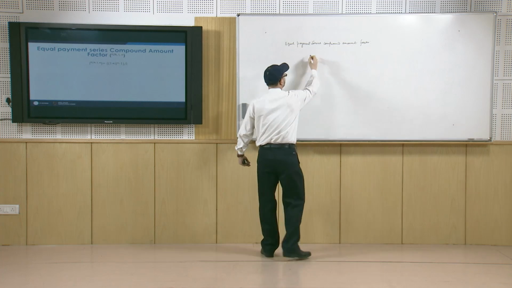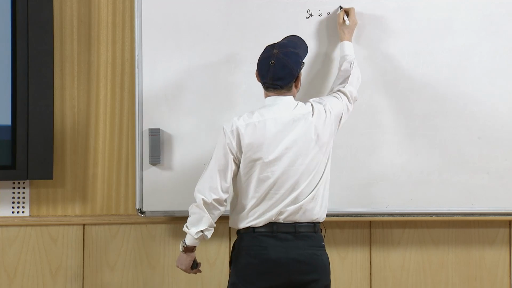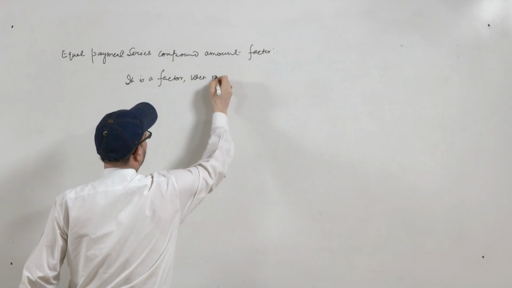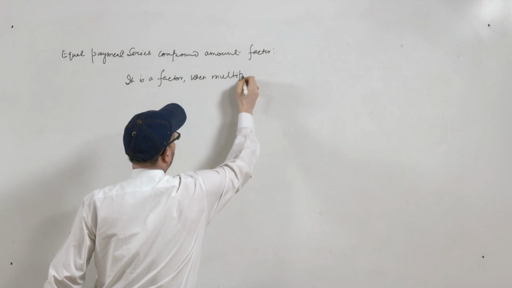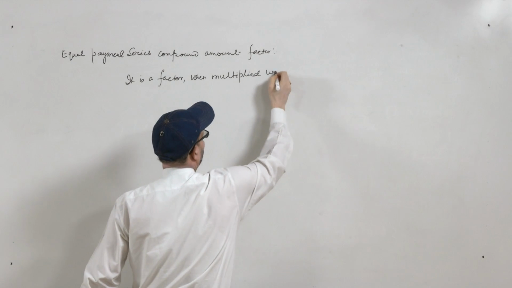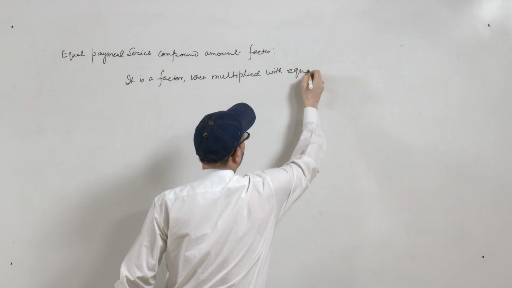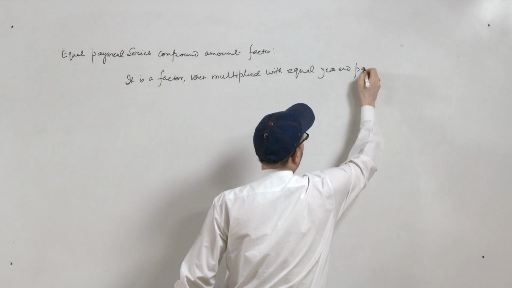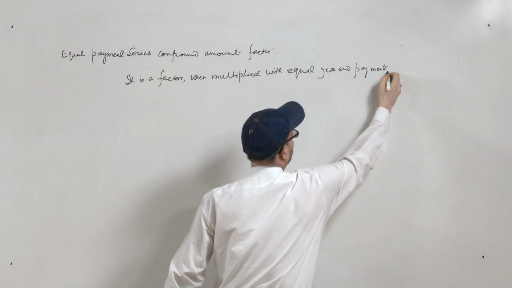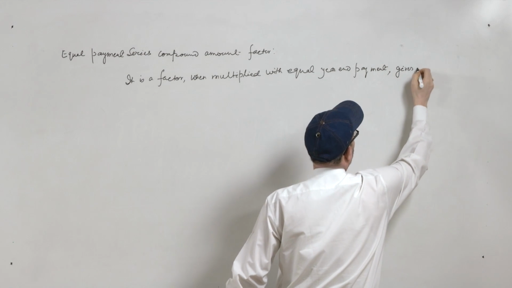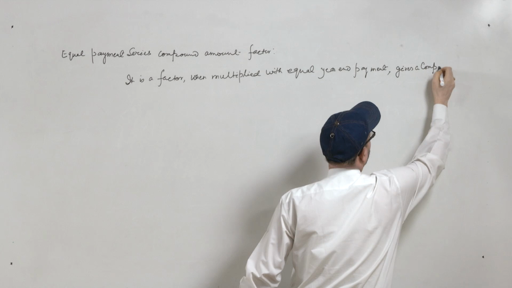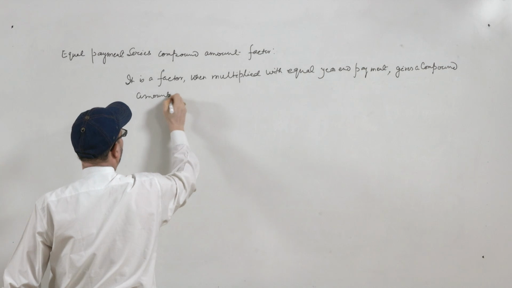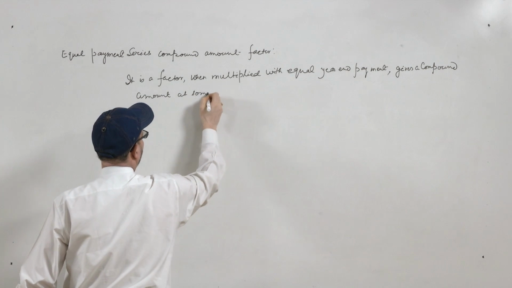So, it is a factor when multiplied with equal year end payments gives a compound amount at some future time.